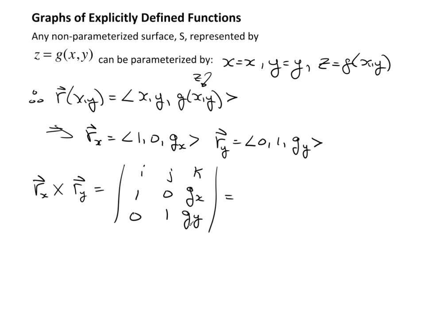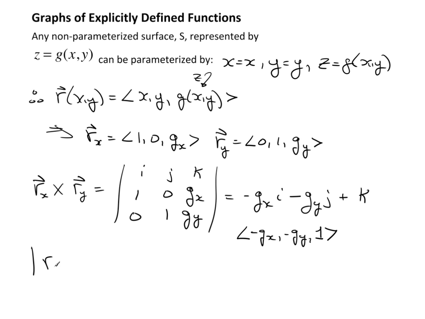So I'm going to have 0 minus the partial of g with respect to x, i, minus partial of g with respect to y minus 0, j, plus 1 times 1 minus 0, which is just k. That gives me this vector that looks like this.